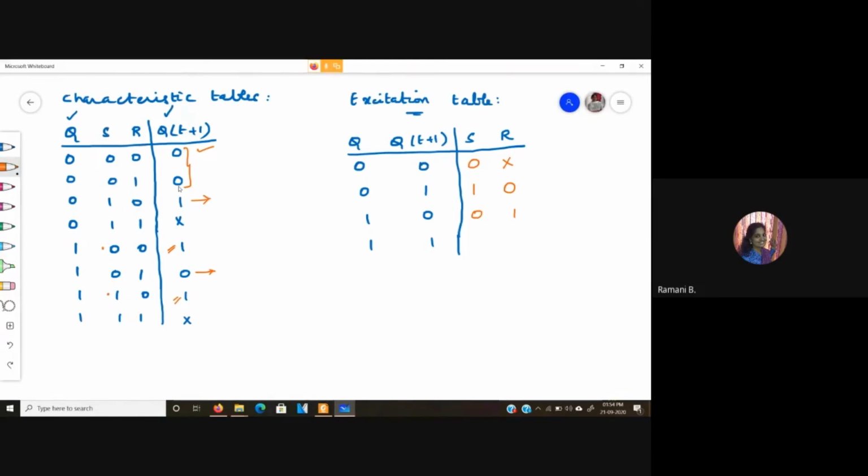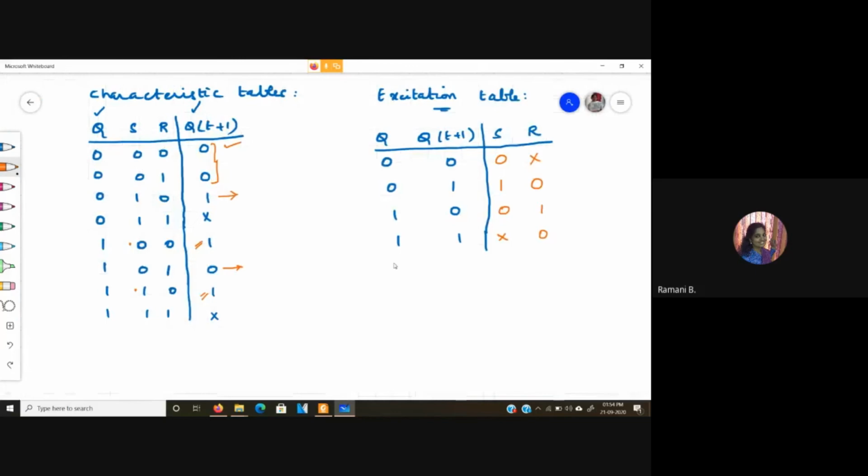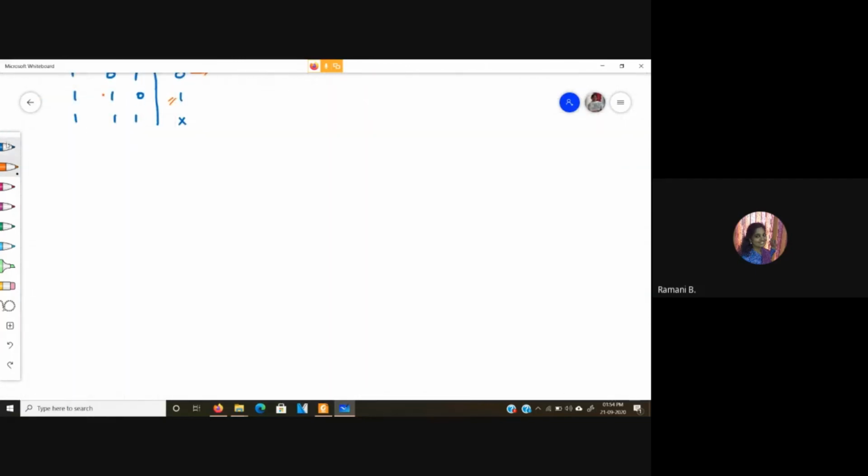For the first case, S is equal to 0 and in the second case, S is equal to 1. So we give don't care over here and R is equal to 0 in both the cases. So this is our excitation table for the SR flip-flop.